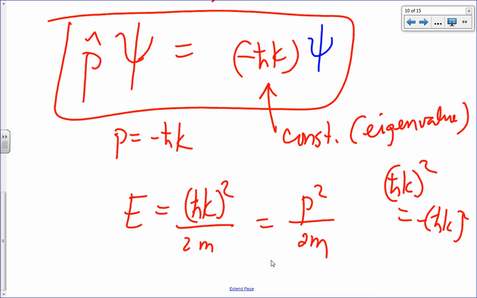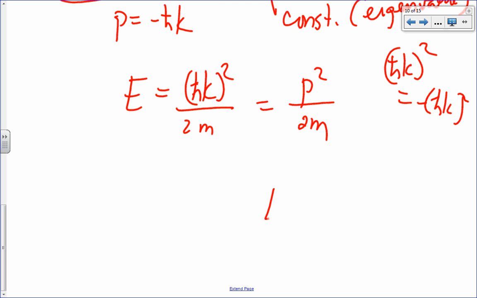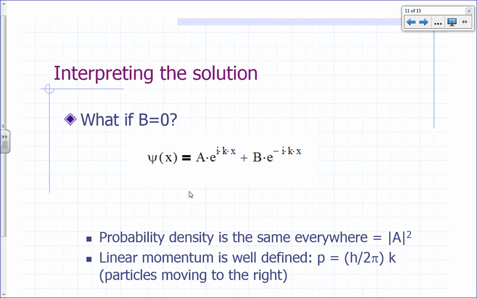It's equal to h bar k squared over 2m, which is p squared over 2m. This is a formula from classical mechanics, right? The only energy the particle has is kinetic energy, 1/2 mv squared. It's the same thing as p squared over 2m. So energy is well defined. Momentum is well defined. You have no idea where the particle is. All right. What if b is 0?